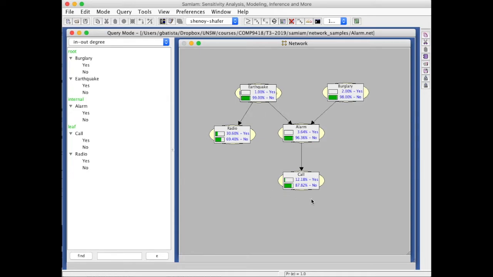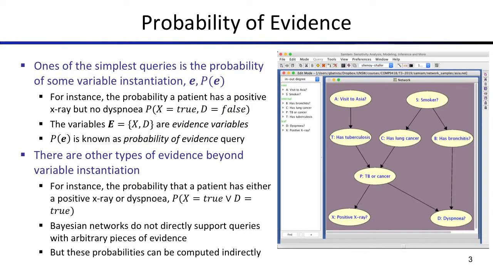Let's come back to the slides and take a look at some queries. Okay, so back to the slides. Let's take a look at our first type of query, and it is the simplest one. It's called a probability of evidence. So probability of evidence will give us the probability of a variable instantiation.